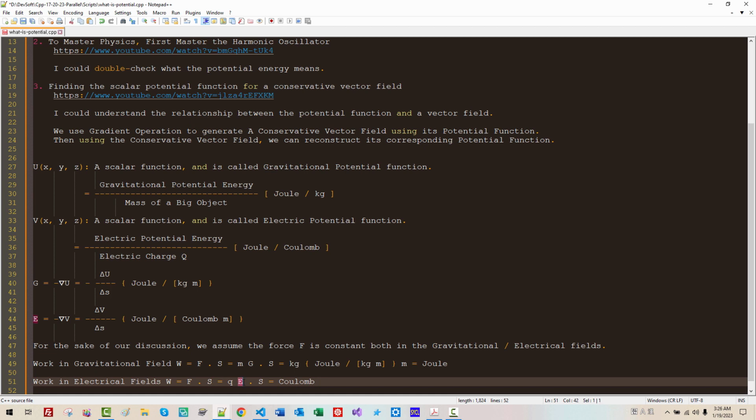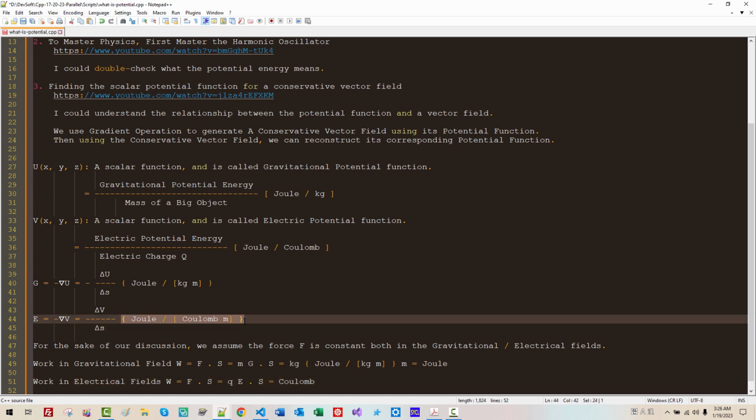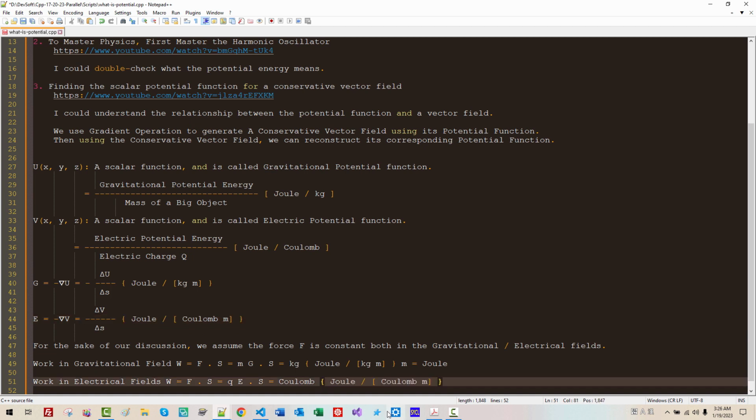The unit of E, the electric field, is this. S is distance, so meter. The meter cancels out and the Coulomb cancels out. We have Joule.